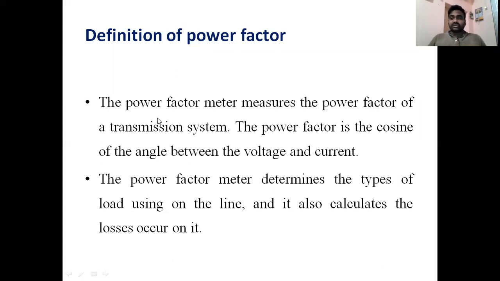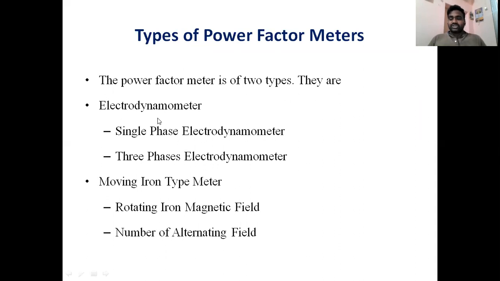If we see the classification of power factor meters, they are generally classified into two types. One is the electrodynamometer type power factor meter, and the second is the moving iron type power factor meter. The electrodynamometer type is again classified into two types: single phase and three phase electrodynamometer type power factor meters.